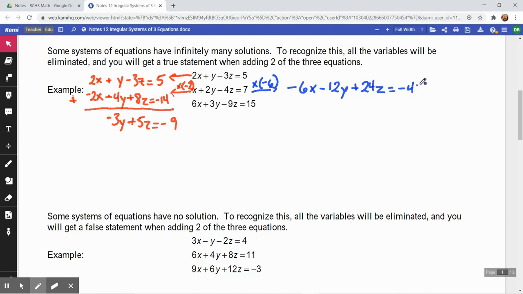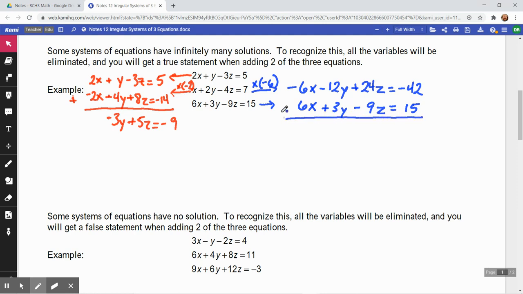So when you decide to multiply an equation by a value, make sure you are multiplying all terms and you're watching signs as you do that. We don't need to change this second equation, though, because it already has a positive 6 in front of the x. So leave that the same. We'll have a plus 3y, a minus 9z, and an equals 15. Okay.